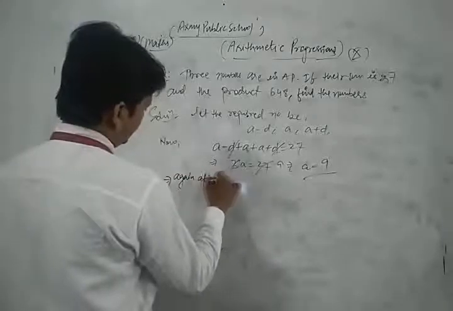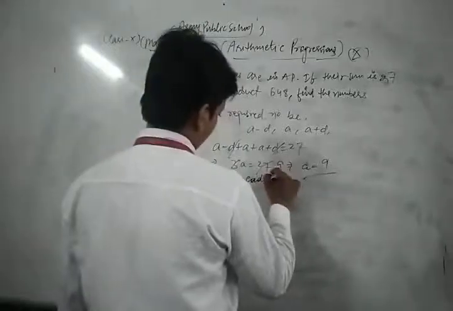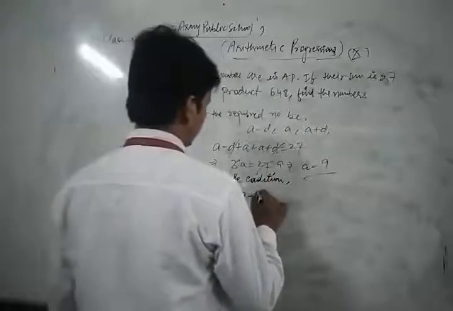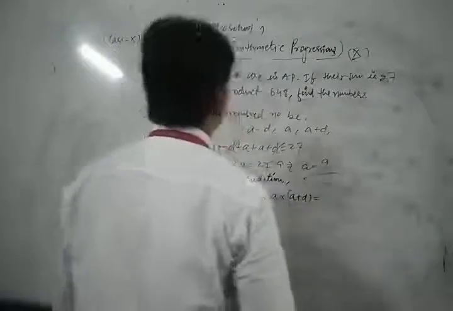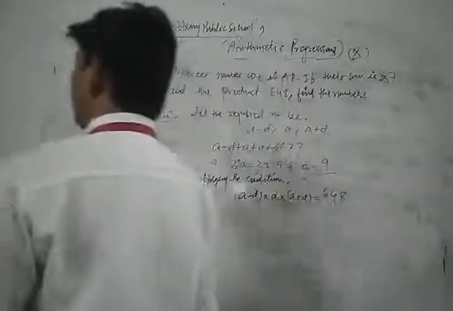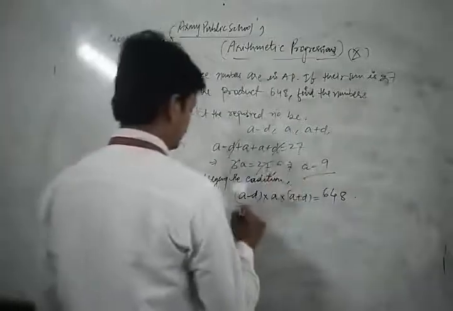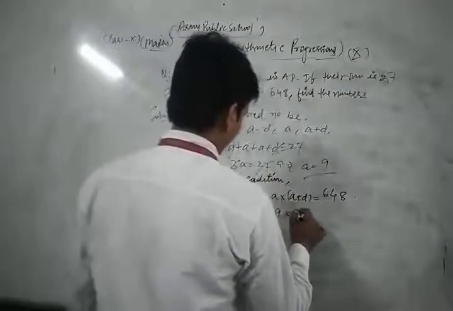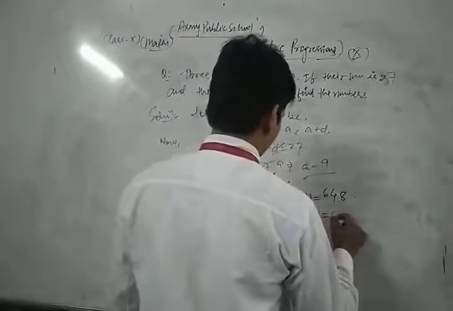Again applying the condition, the product is a minus d into a into a plus d is equal to 648. Now we put the value of a as 9, so 9 minus d into 9 into 9 plus d is equal to 648.